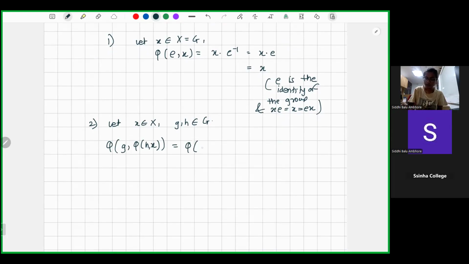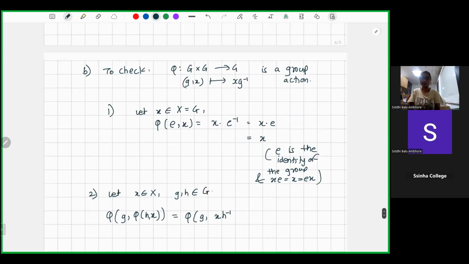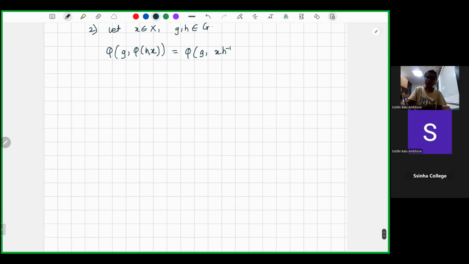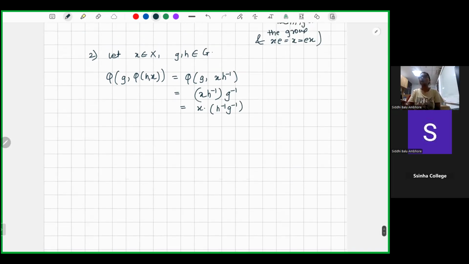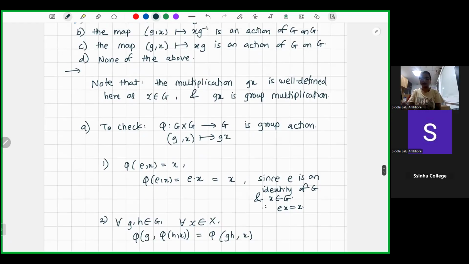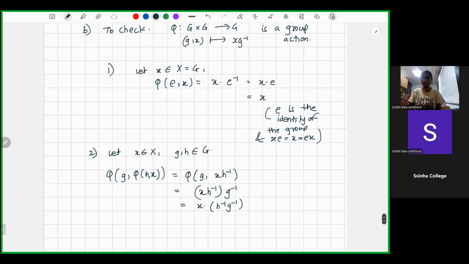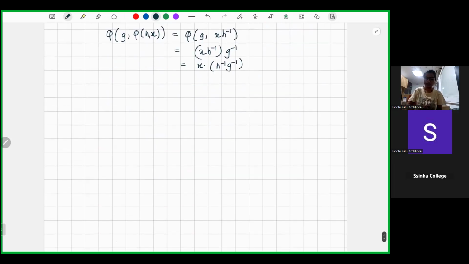is, as per the given action, XH inverse. Okay, and what is now G acting on this XH inverse? This is XH inverse into G inverse, right? So this is X into H inverse G inverse. This is how the definition of this given action works; we are not doing anything special here.